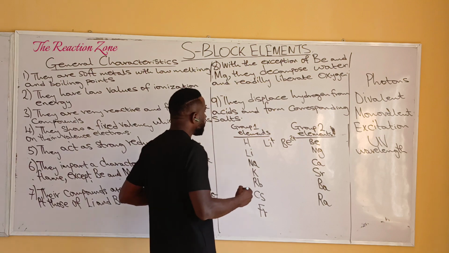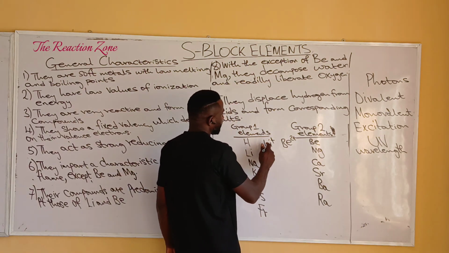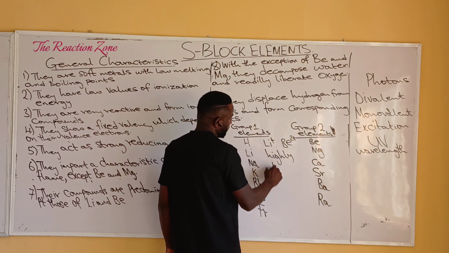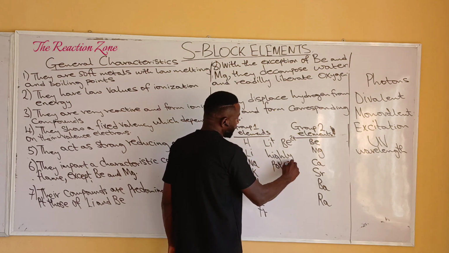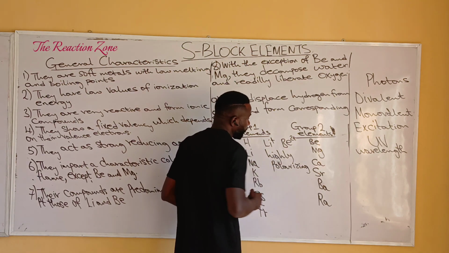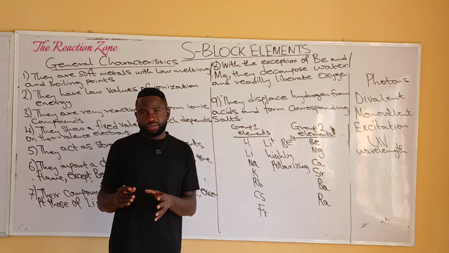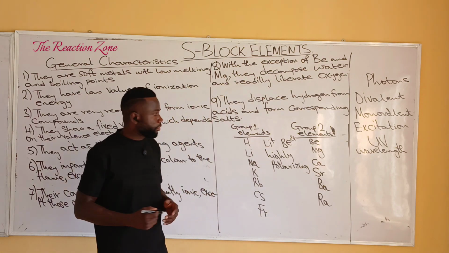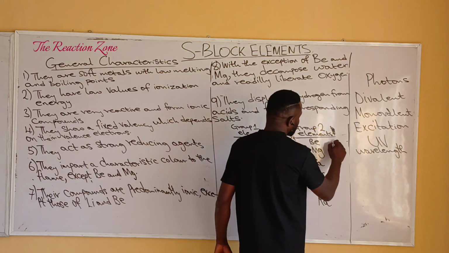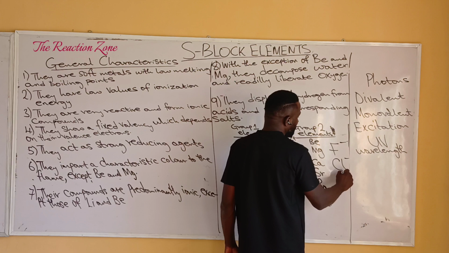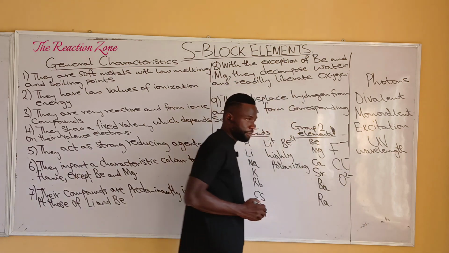Another reason is because the lithium ion and beryllium ion are highly polarizing. What this means, when you say that they're highly polarizing, is that they distort the electron cloud of anions such as fluoride ion, chloride ion, as well as oxygen ion.